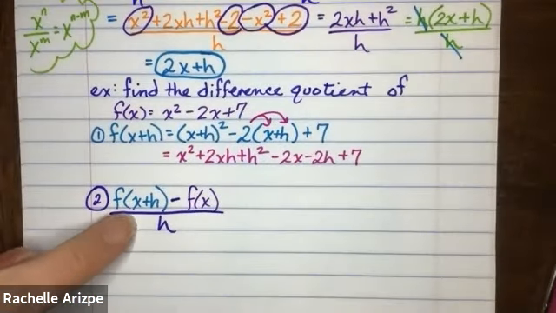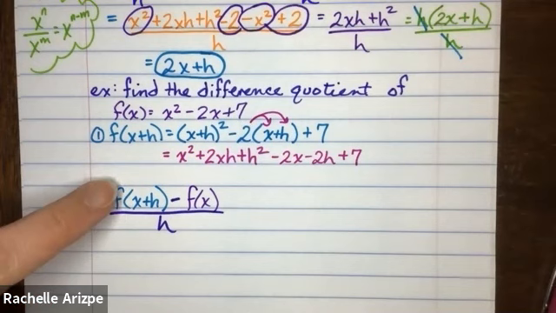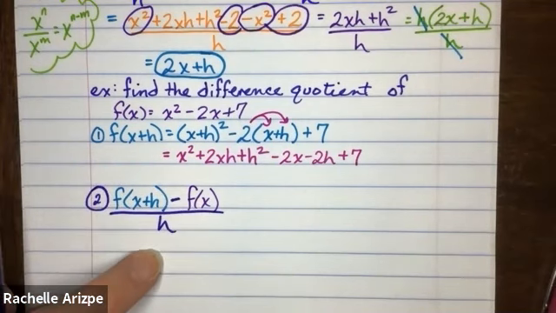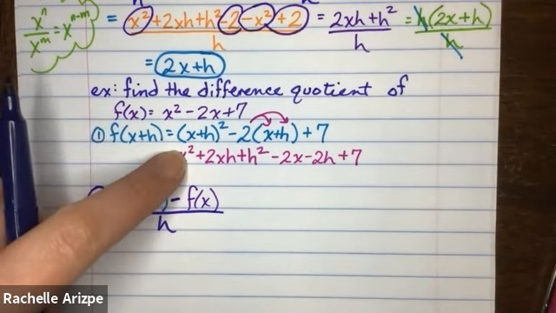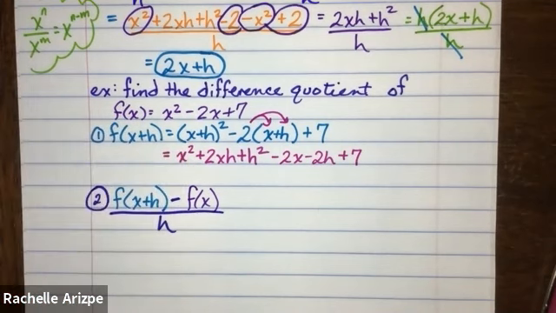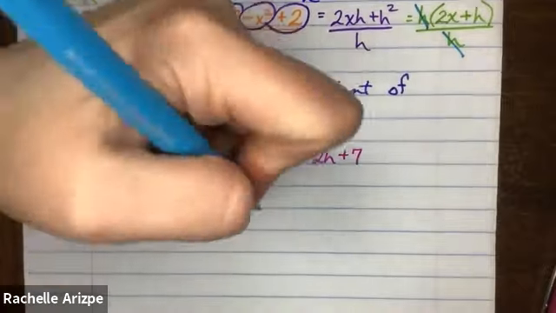So that's the formula. So let's plug in what we have here. So f of x plus h, I wrote it in pink here, so I'm going to go ahead and write it in pink to the right.